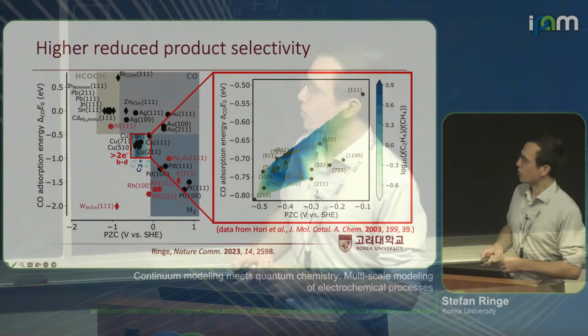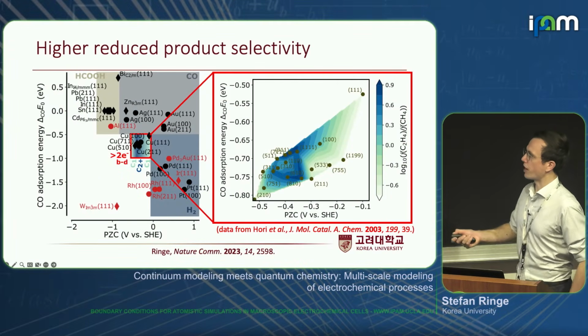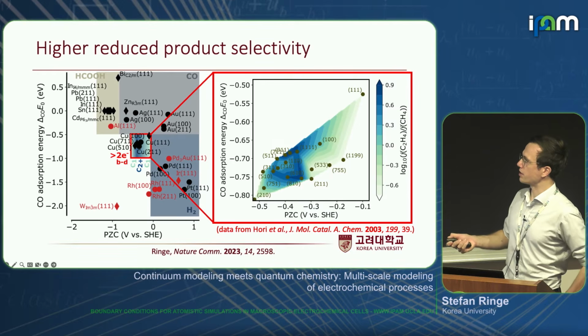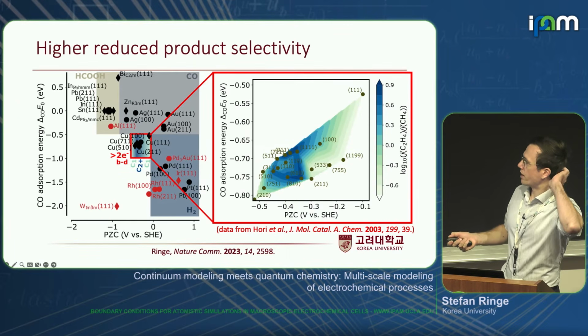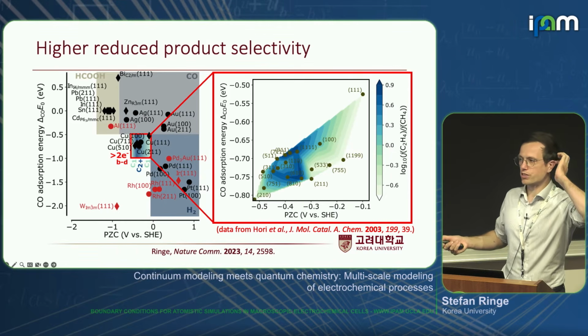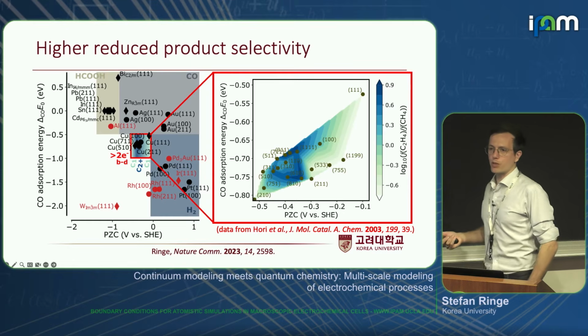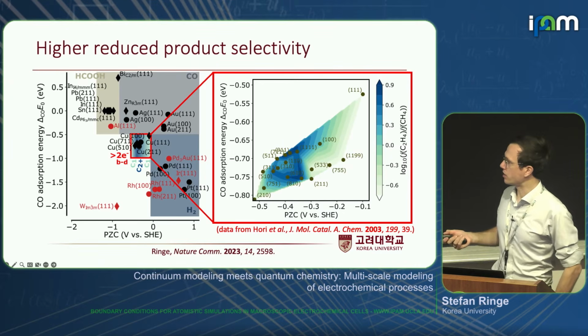Yeah, so this model we can then also use, and we can actually put in all the experimental selectivity. So on copper, as I said, we usually get these C1 or C2 products like ethylene, ethanol, methane. And we have here the block which produces carbon monoxide, formaldehyde, and hydrogen. And we can see that this descriptor splits them very nicely into regions, which means it can be used as a good descriptor of selectivity.